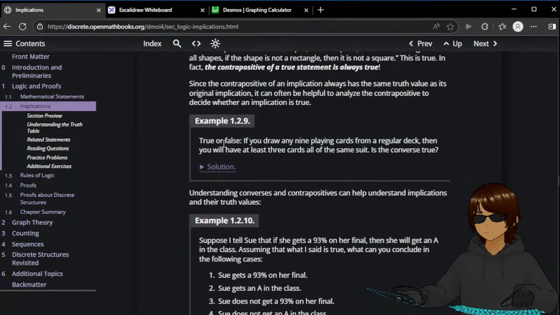True or false: if you draw any 9 playing cards from a regular deck, then you will have at least 3 cards, all of the same suit. I'm not good with cards. Is the converse true?